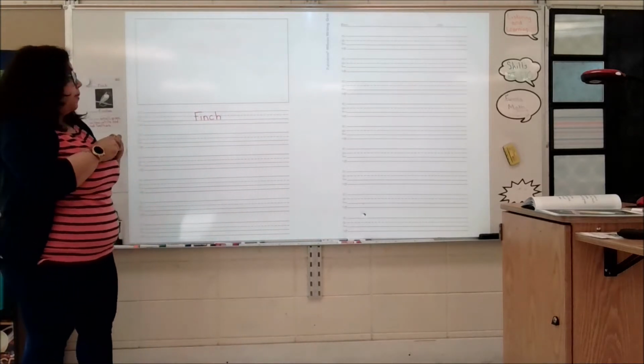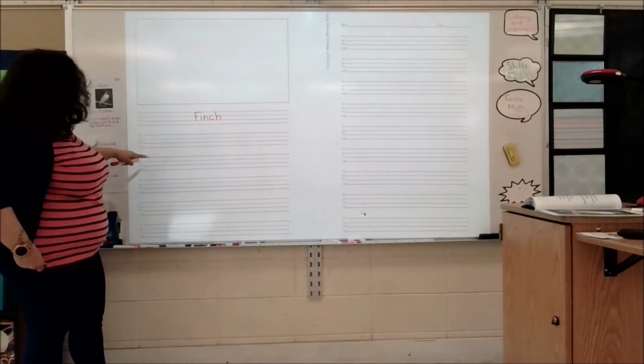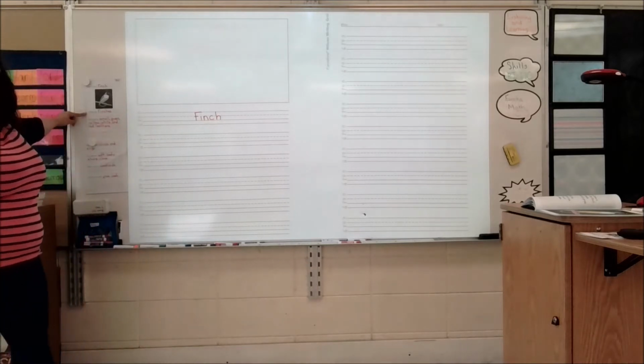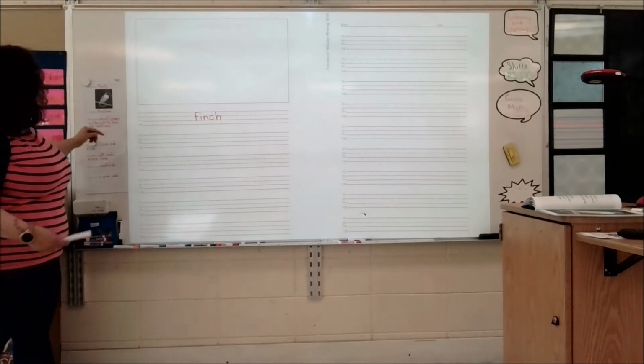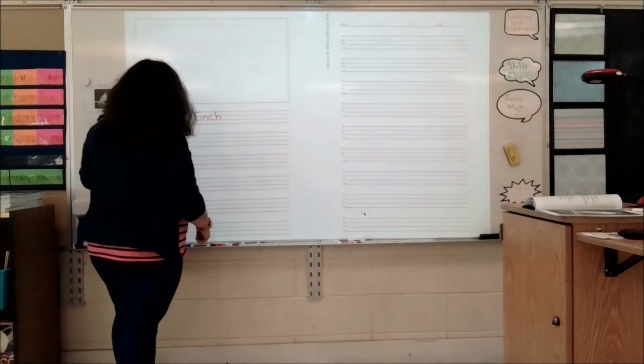Then we're going to skip a line. We're going to skip this whole line and go to the next line and write this first sentence, which is actually going to be copied straight from our plan. I will describe finches.